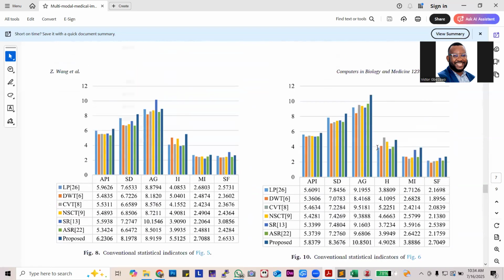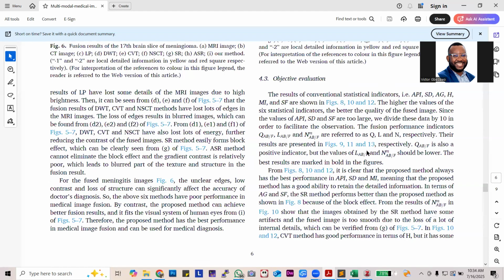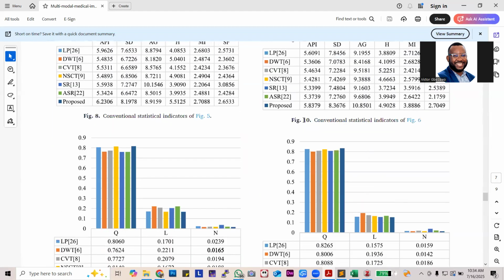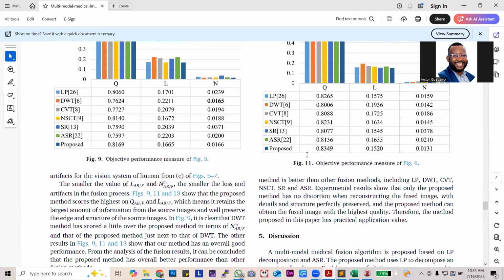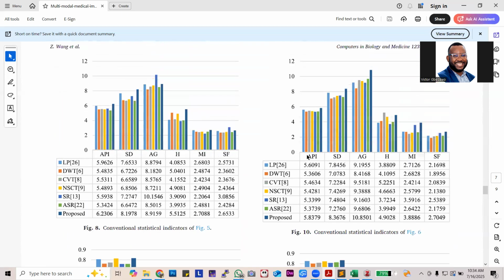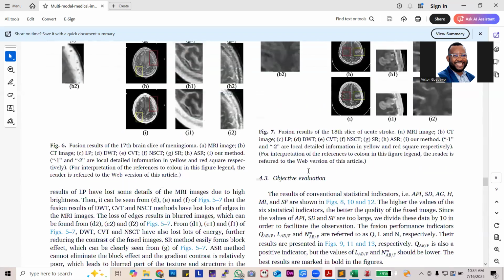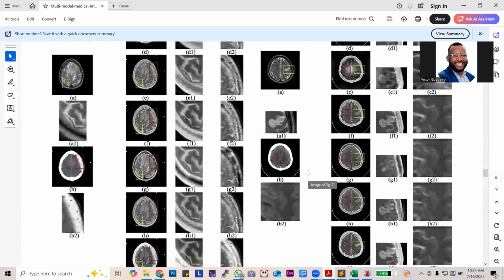So this is 6. Where's 5? This is figure 10. Where's figure 5? So it's even strange. Figure 5, okay. Where's figure 5?